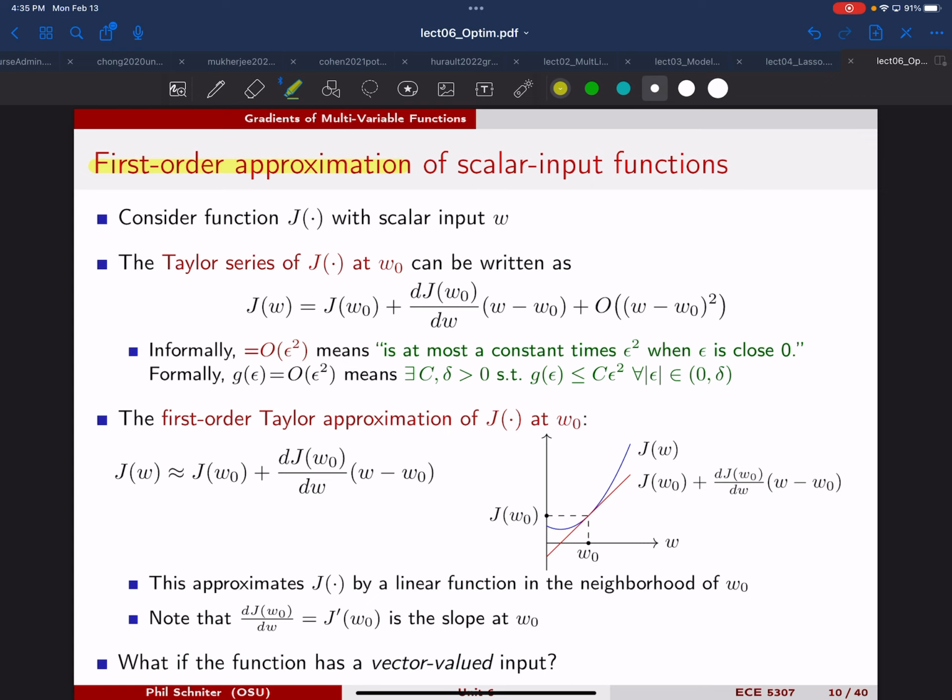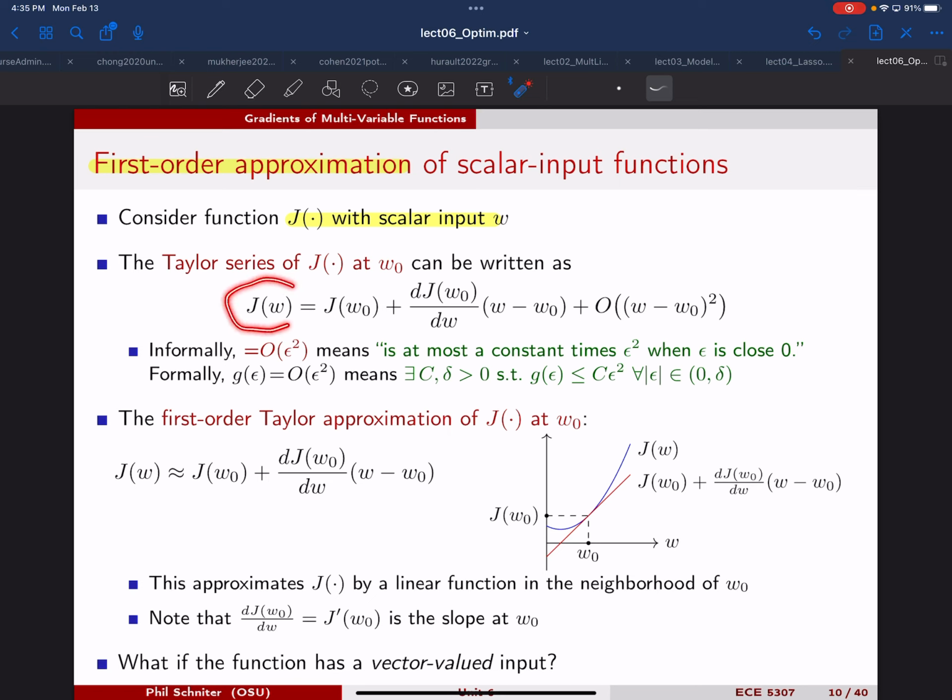So we're going to look at this first with scalars, later with vectors, and then later with matrices. This is the easy part where we have a J that takes in a scalar input W, so we can make nice, one-dimensional pictures of this to visualize things. So let's think back to maybe some of the calculus courses you took where you learned about the Taylor series of a differentiable function.